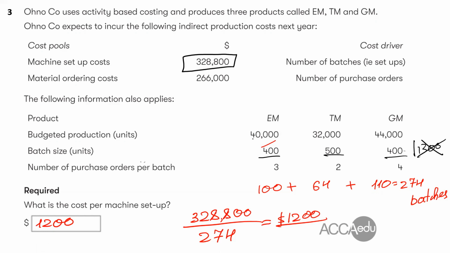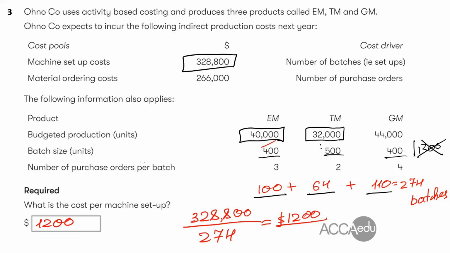So if 400 units of EM are considered one batch, then 40,000 units of EM make up 100 batches. If one batch of TM is made up of 500 units, then 32,000 units of TM is going to be 64 batches. So this divided by this. Again, the same logic applies to this, and we have overall 110 batches of GM.